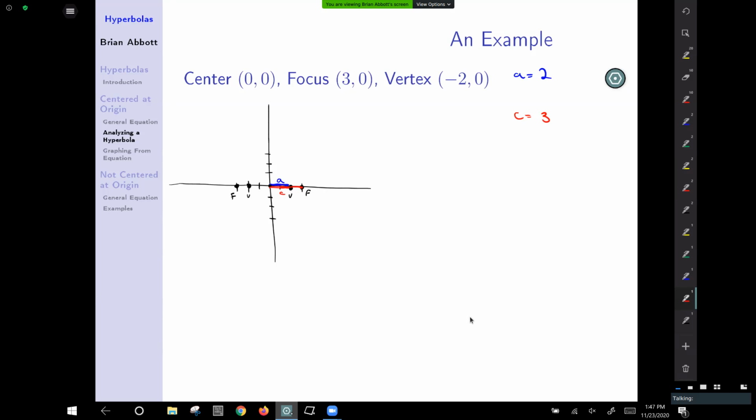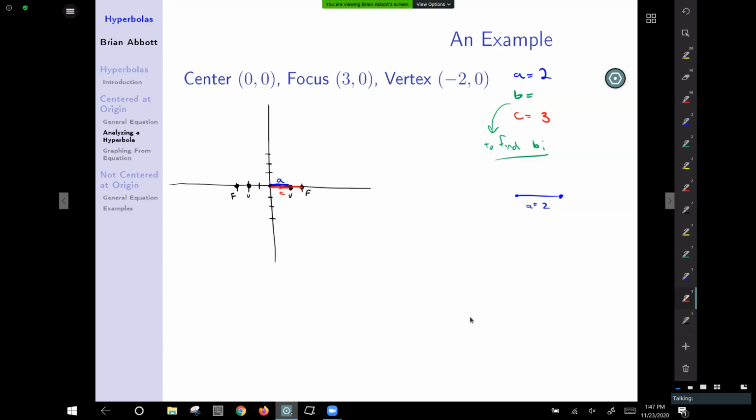And so now what do we need? We need to find our B value. And to find the B value, we have to exploit this triangle. I'm going to draw it over here to the right because I don't want to mess up the good stuff that I have. I know that my center to my vertex, A, is equal to 2.